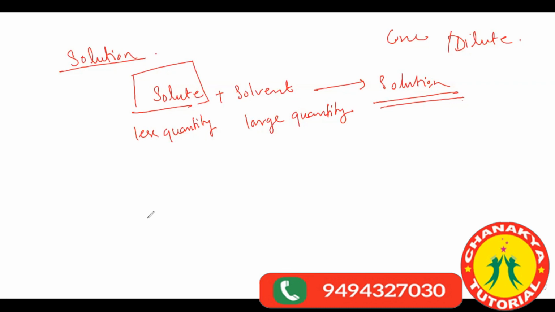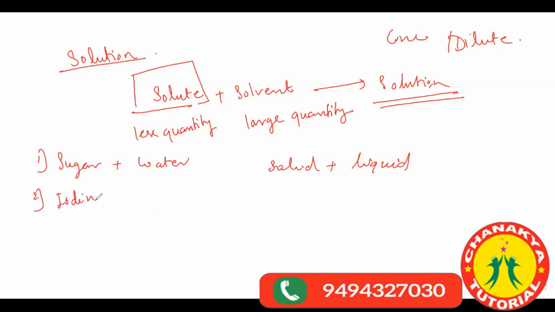The first example is the solution of sugar in water. This is a solution of solid and liquid. Correct? Yes, ma'am. The next solution would be iodine in alcohol. Ma'am, liquid plus liquid, right?